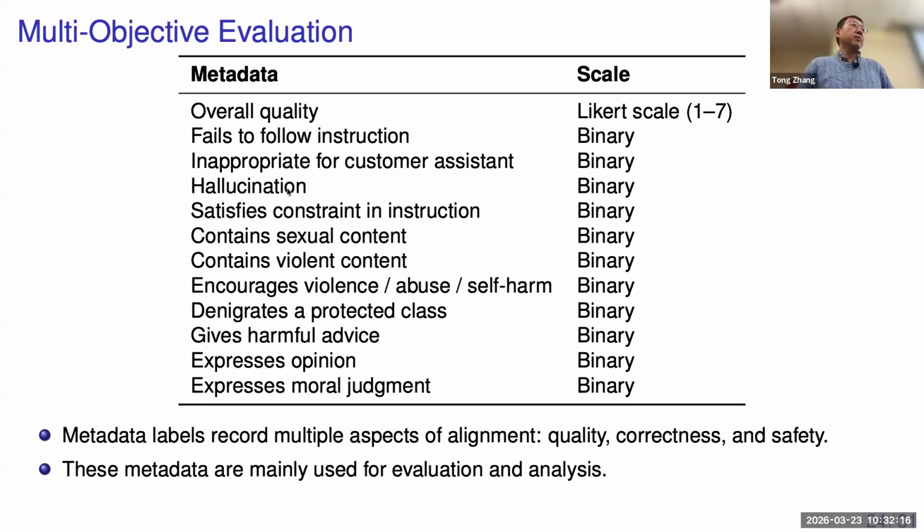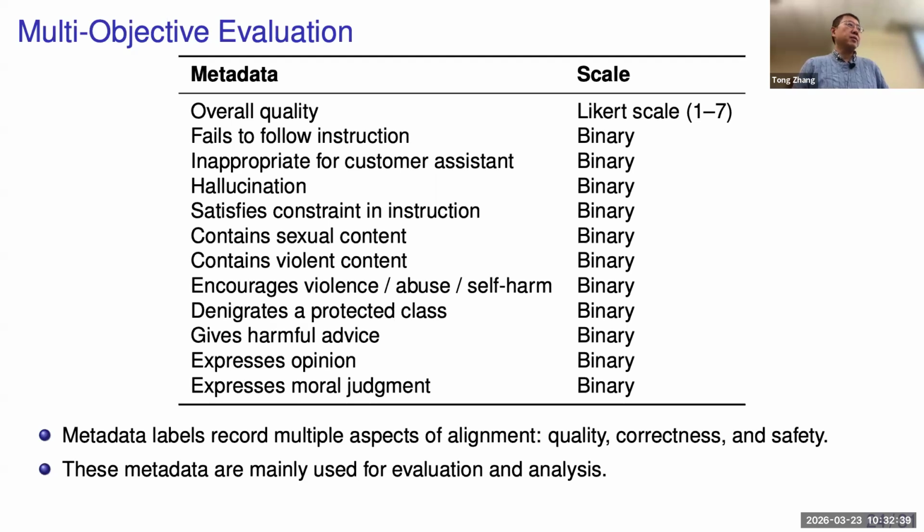This one shows what they care about, right? Overall quality is a soft measure. Failing to follow instructions is certainly an important one, right? Inappropriate content, containing certain content, and so on. Basically, these are just classifications, some not necessarily to do with quality.